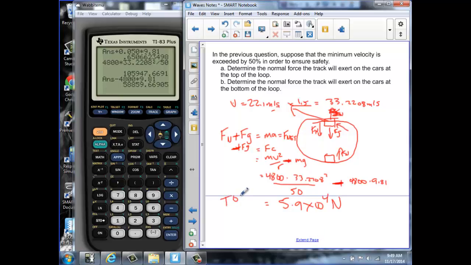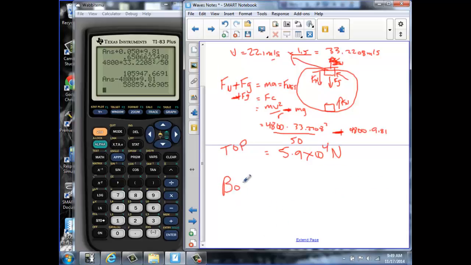So this would be the normal force at the top of the loop. And I hope I'm doing a good job of explaining this. At the top of the loop, gravity is pulling the cars slightly downwards, so the normal force up there means the cars are getting pulled slightly away. But at the bottom of the track, gravity is pulling those cars into the track even more. So when we do this at the bottom, we're going to take these exact same values and add them.